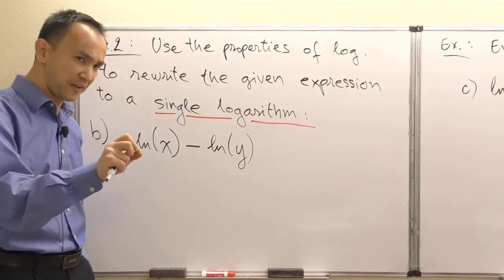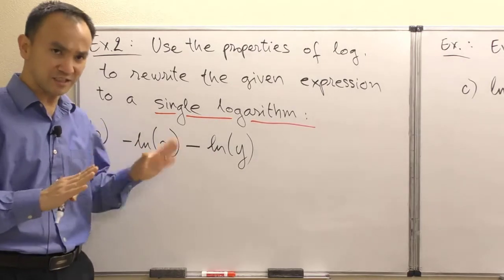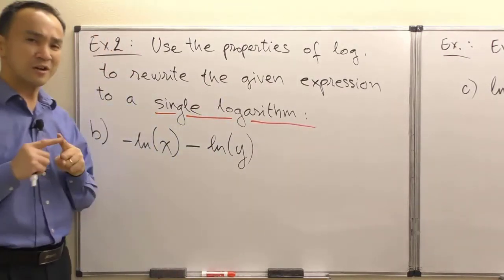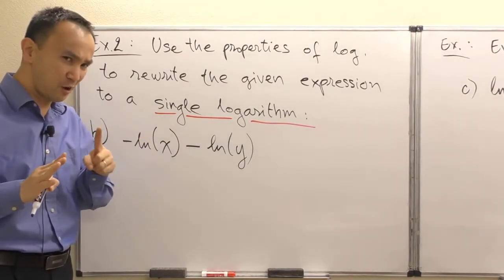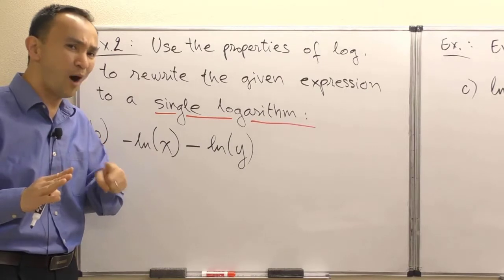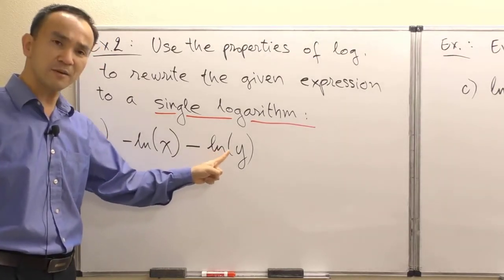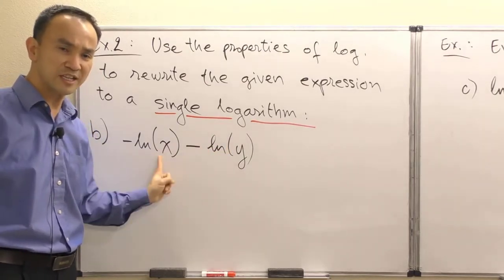But as a matter of fact, once you're through with how I break it down, you're going to realize it deserves its place in example 2 right here. Because example 1 is where we are simply looking at coefficient 1. But here the coefficient is not really all 1. Yes, the coefficient in front of natural log of y is 1, I agree, and there's a subtraction, a difference between these 2 terms.